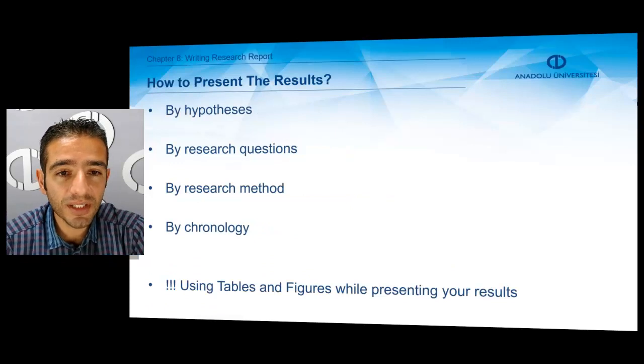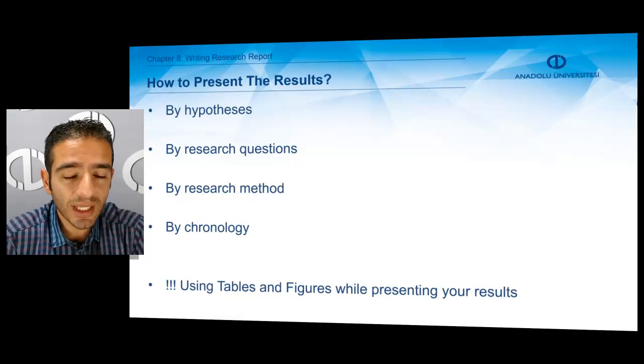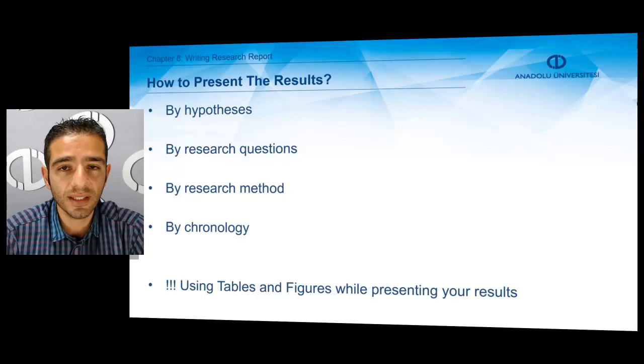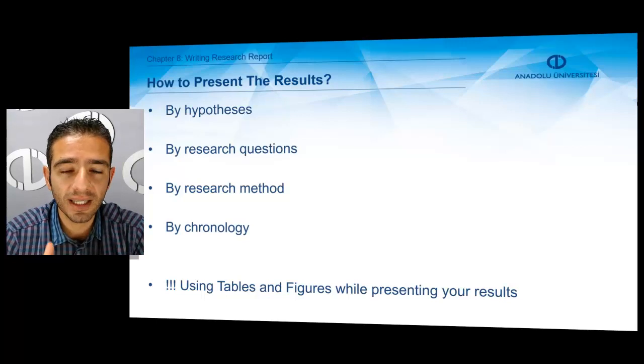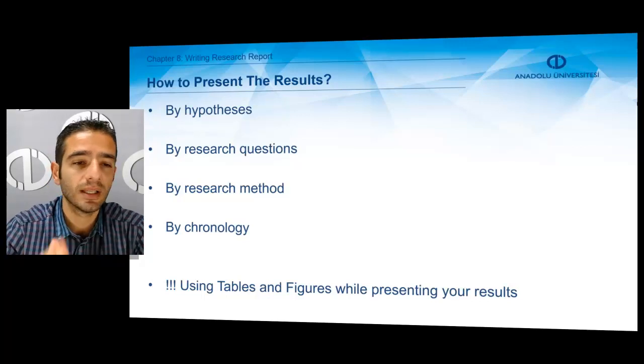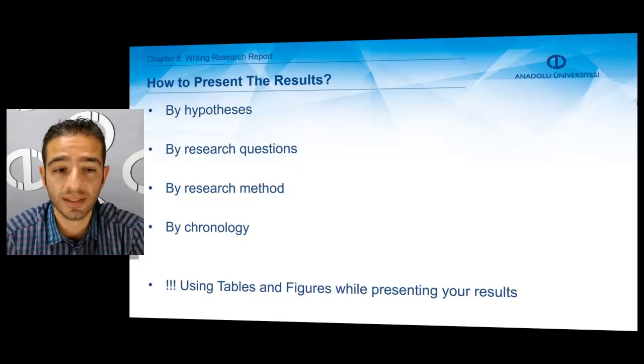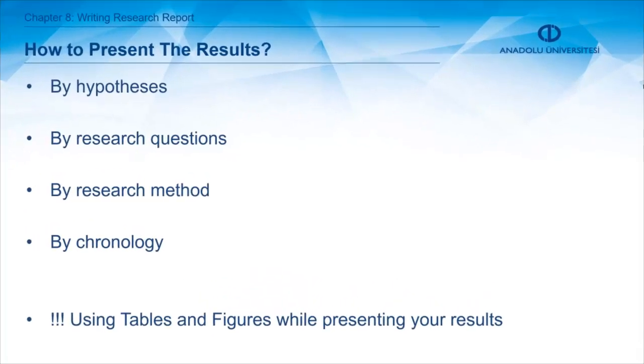And while presenting your findings, you can benefit from different ways. For example, if it's a quantitative study and if you have some hypothesis, you can present your findings as hypothesis 1, your findings. Hypothesis 2, the findings related with hypothesis. Or if you have some research questions, you can present your findings under the title of research question 1, research question 2.